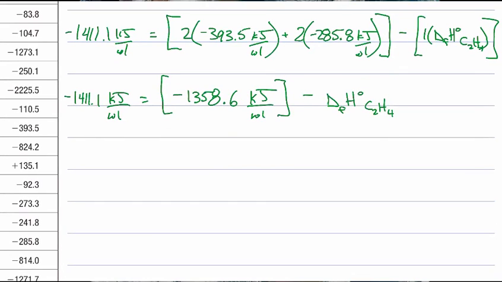Okay. Now, I'm going to move the 1358.6 kilojoules per mole to the other side. You might have a different choice with your algebra. That's entirely fine as long as you do it correctly.